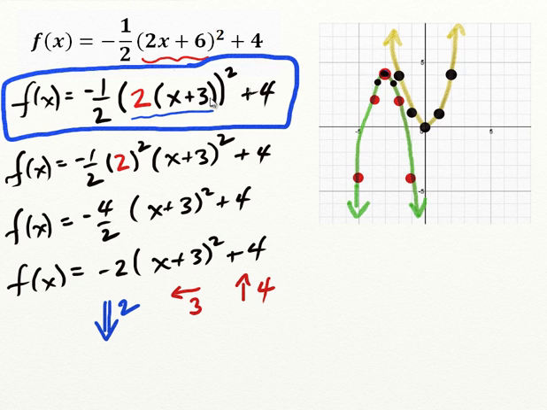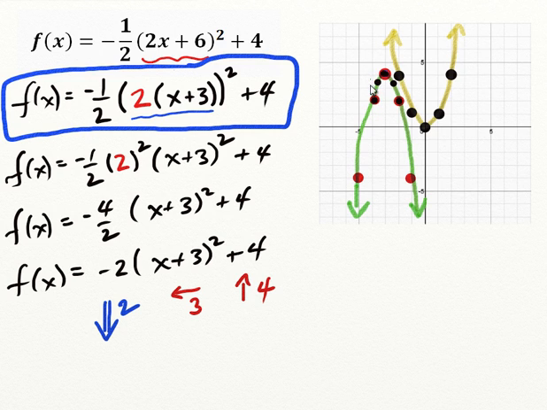I can't go down 3 because there is a vertical compression of 1/2 as well. So instead of going down 3, I'm only allowed to go down 1.5, or 3 steps of 1/2. So I'm going to go over 1/2 and down 1 step of 1/2, 2 steps of 1/2, 3 steps of 1/2. And there's the dot. And I'll put the same one on the other side.